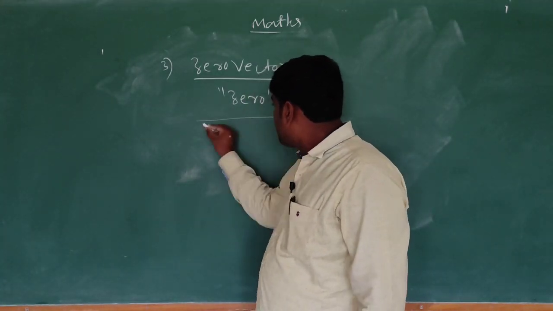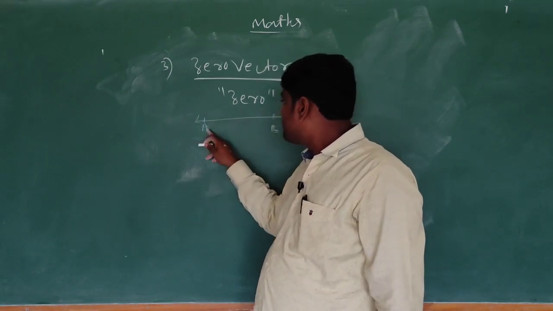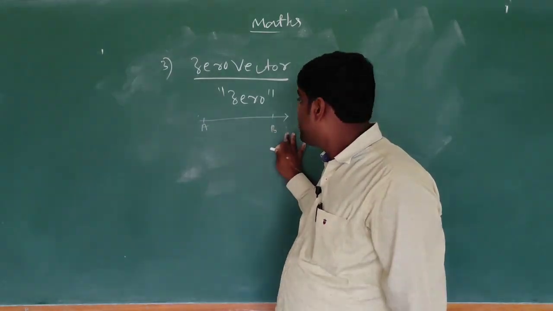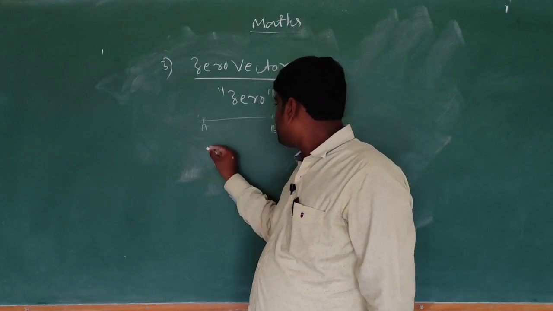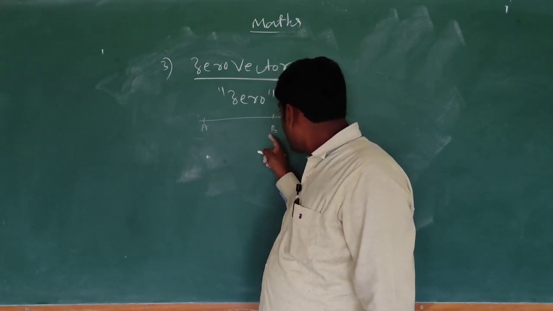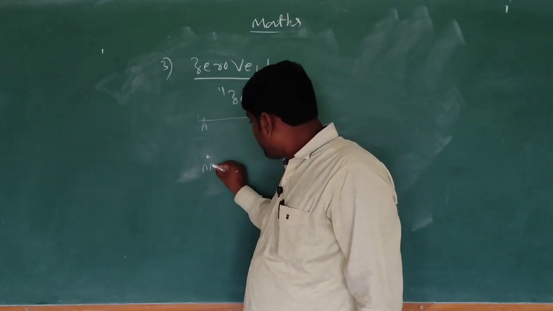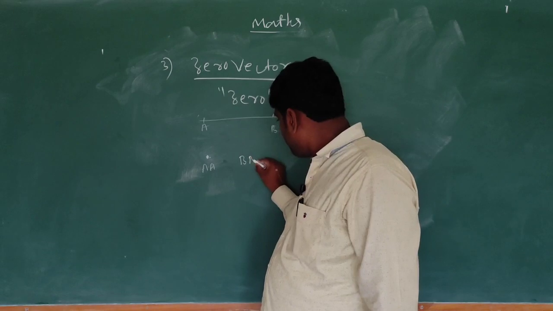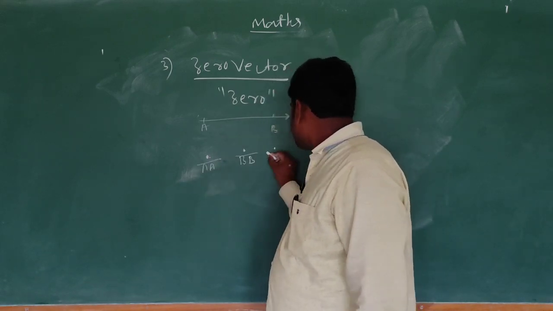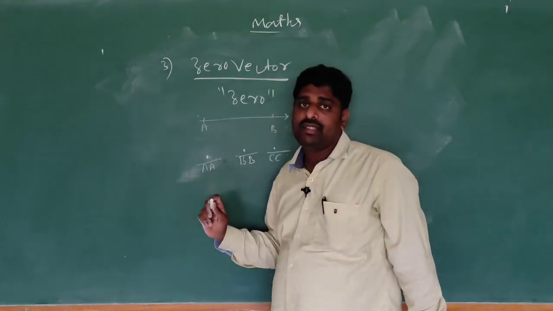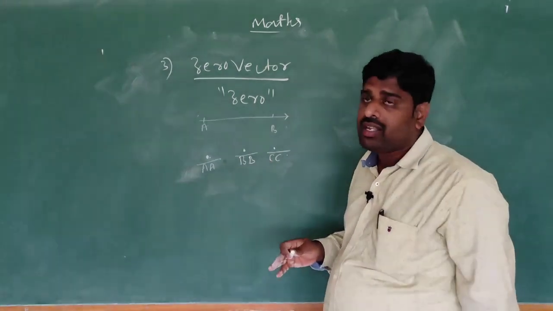Here, suppose this is point A and this is point B. Point A and point B coincide. Coincide means this is point A and point B also coincides, so this is also A. Here A, B, C. So BB bar, AA bar, CC bar: AA bar is a zero vector, BB bar is a zero vector, CC bar is a zero vector.